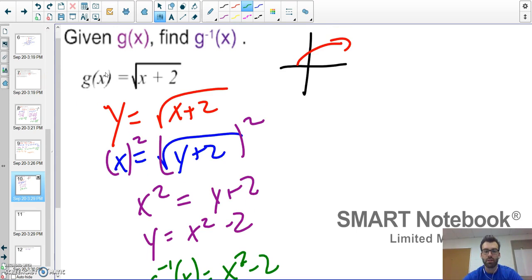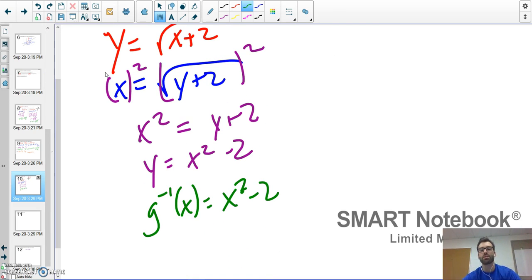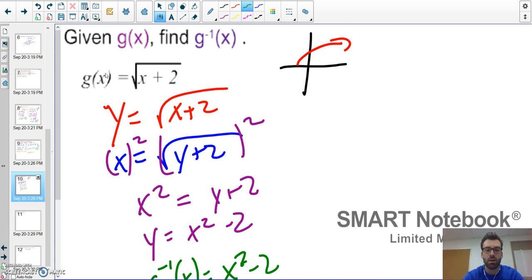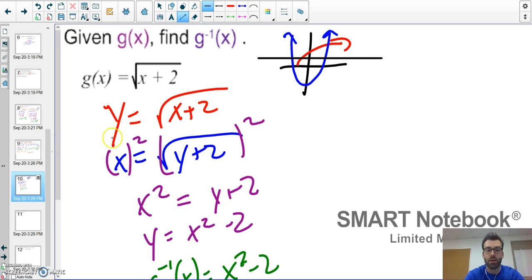But now we need to have a little discussion first about this, all right? Our original function passed the horizontal line test, all right? But if you think about x squared minus 2, that's going to look like this, shifted down 2. Okay, this function does not pass the vertical line test, all right?